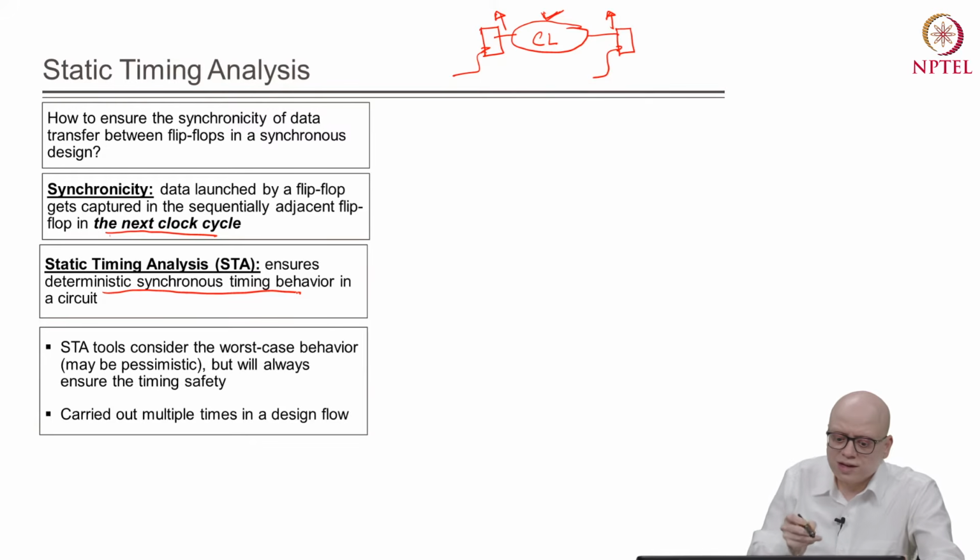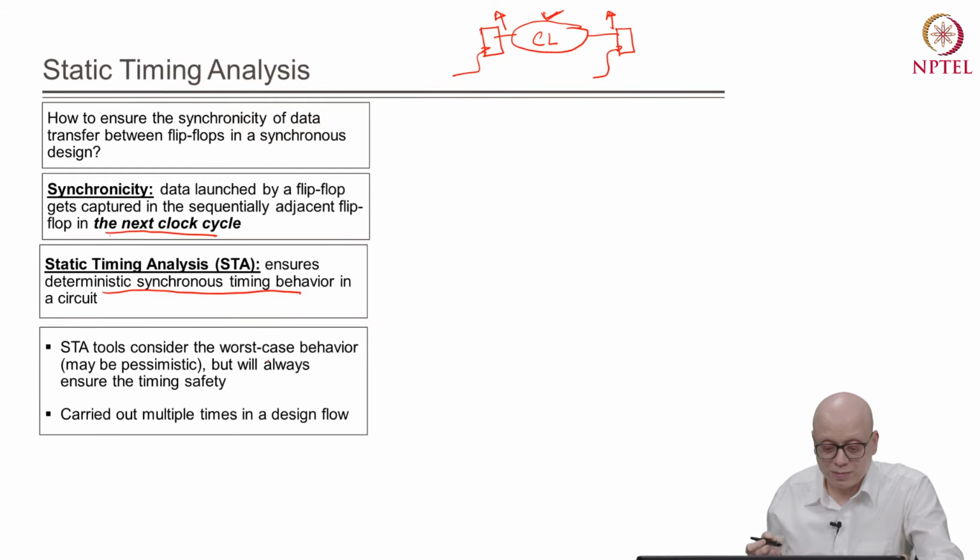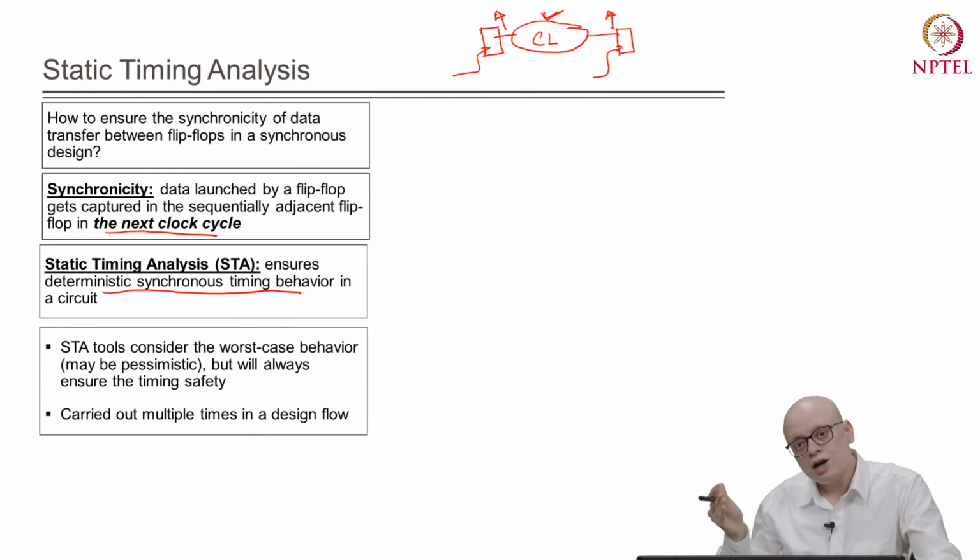Now, STA tools consider the worst case behavior, which may be pessimistic, it may not be realistic. Therefore, what we can say is that if a design passes STA, the design will always be safe, right. It will err on the side of pessimism, not on the side of optimism, right.